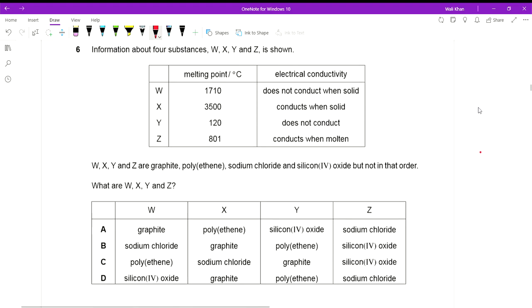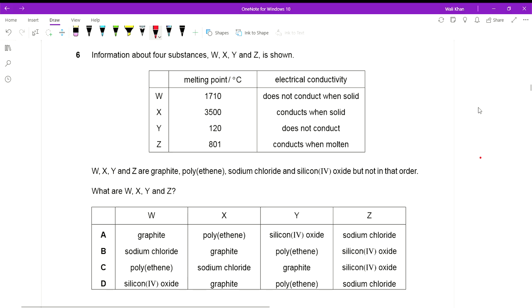Question number 6. Information about four substances W, X, Y, and Z is shown. W. Melting point 1710, doesn't conduct when solid. X 3500, conducts when solid. Y 120, doesn't conduct. Z 801, conducts when molten.